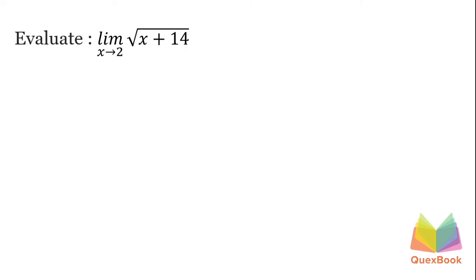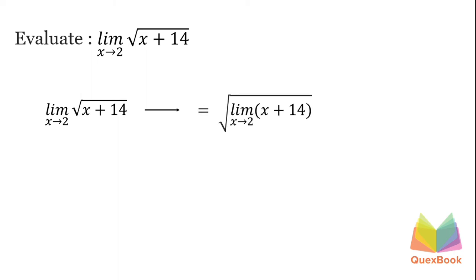For example, we have the limit of the square root of x + 14 as x approaches 2. Applying the root law, let's evaluate the limit of the function inside the square root first. So we'll be having the limit of x + 14 as x approaches 2. We can use the addition law here.